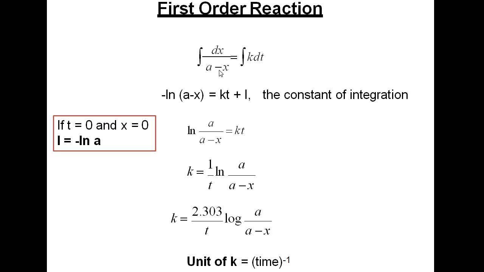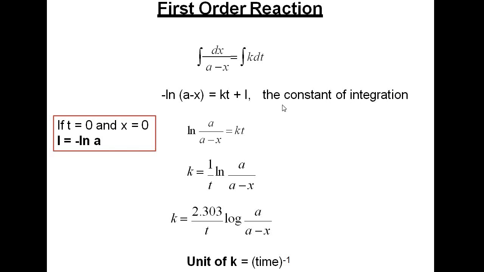Integration of dx upon (a minus x) is equal to integration of k into dt. Integration of dx upon (a minus x) will be minus natural log (a minus x), which is equal to kt plus I, where I is the constant of integration.